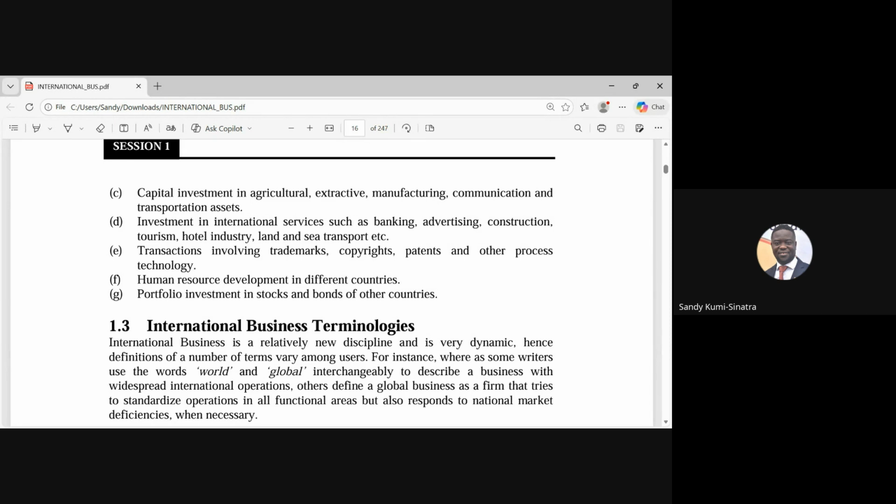Then we also have human resource development in different countries. Human resource development is also something that informs people to go internationally. There are some countries that have human resource in some areas where you may not get in your home country, that you may wish to go and do your production there.